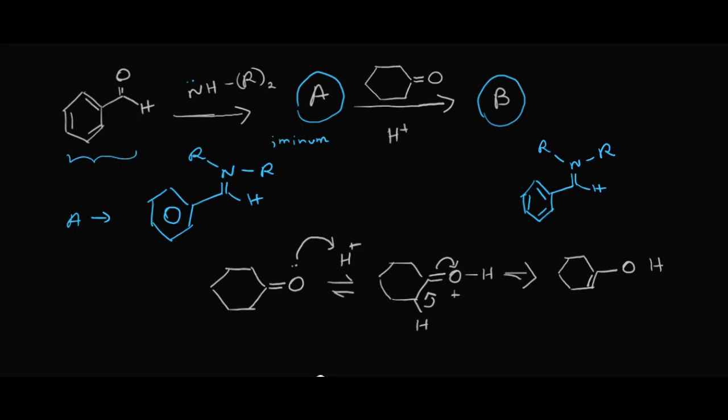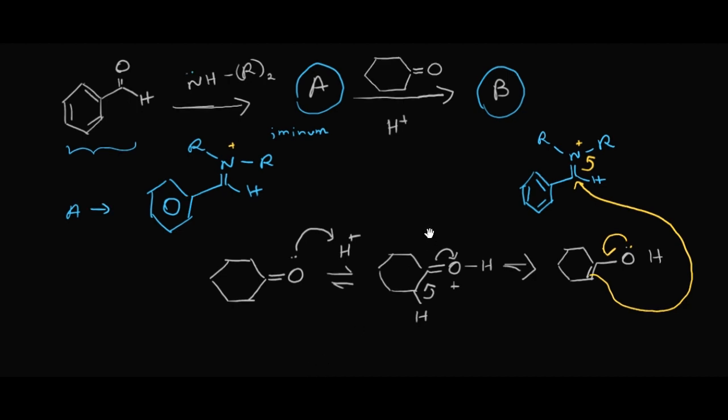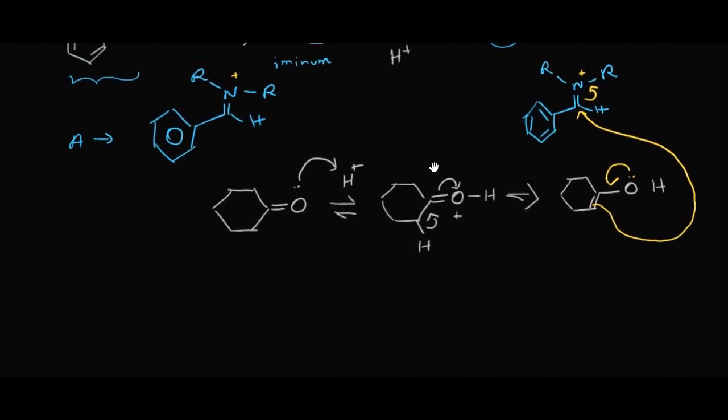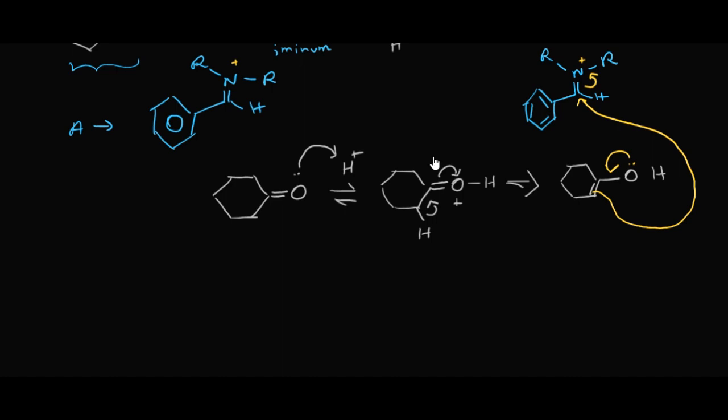So you know what happens? This bond over here, this bond over here goes and attacks the carbonyl center, and the oxygen will come back. This nitrogen is plus, right? Because it's an iminium ion, so one of the bonds will be broken. So what's happening now? We'll draw it over here.